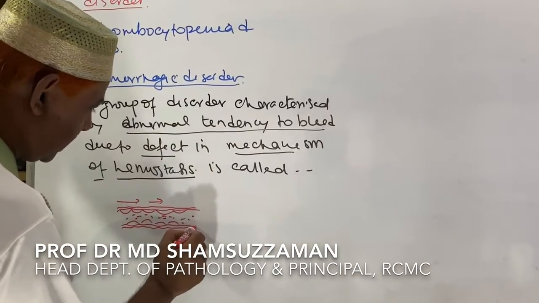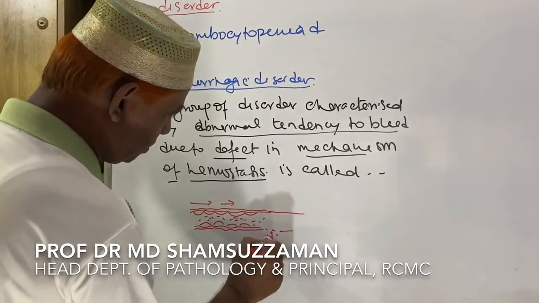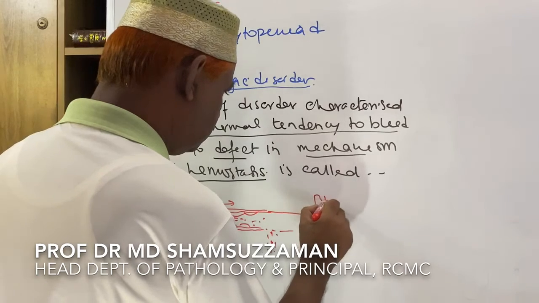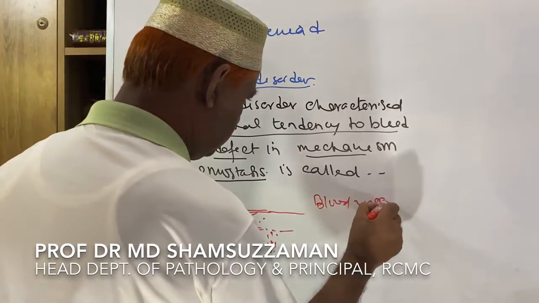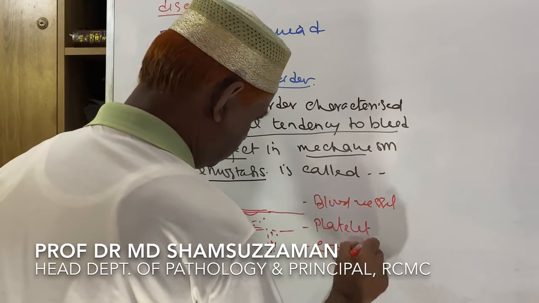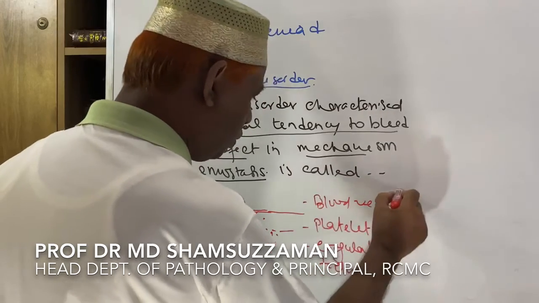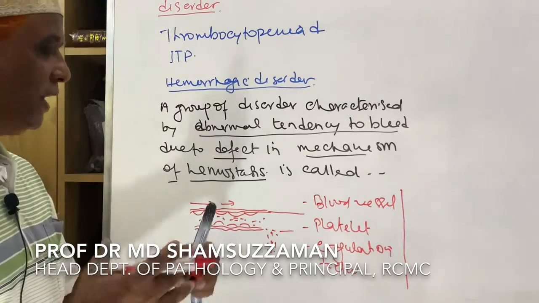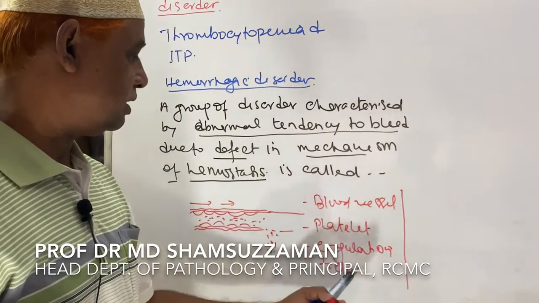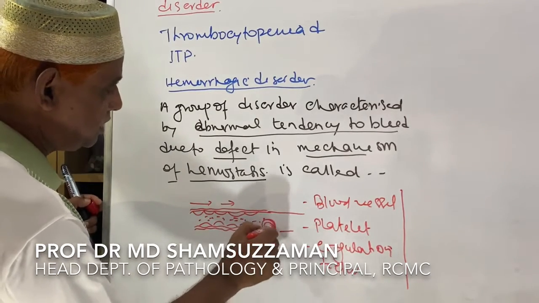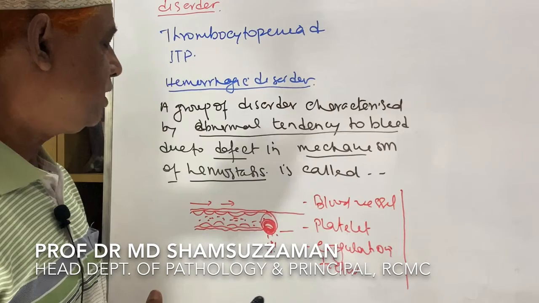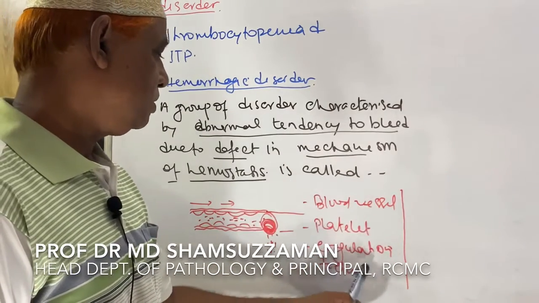If there is disruption and hemorrhage here, the blood vessel, platelet and coagulation factors all three play a role, with coordinated action. So there is hemostasis and stoppage of bleeding. The hemostasis mechanism is carried out by the coordinated action of blood vessel, platelet and coagulation factor.